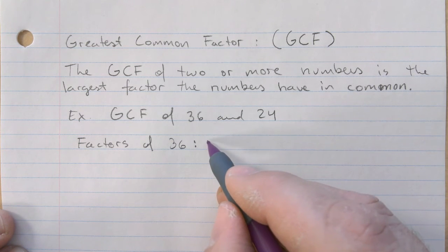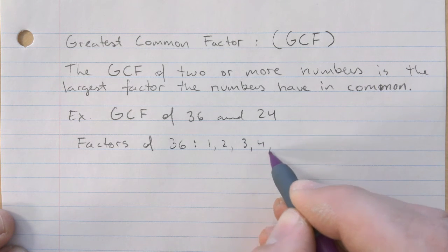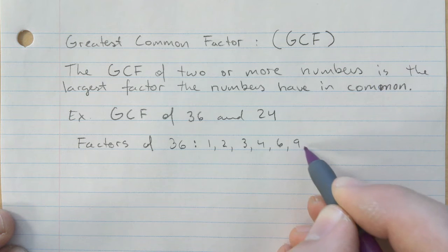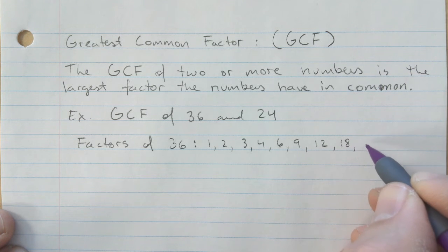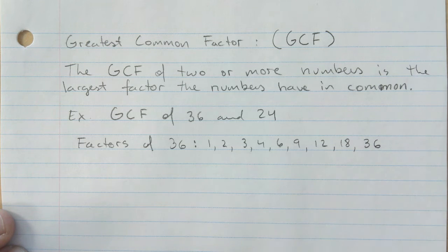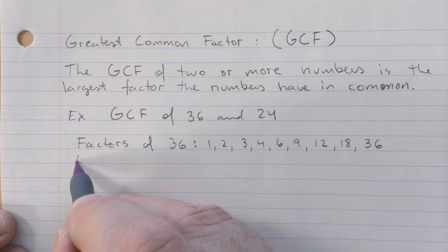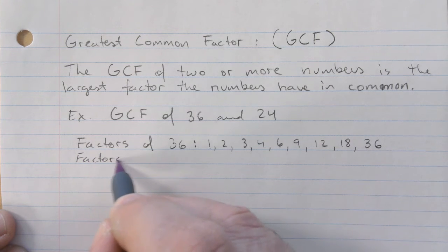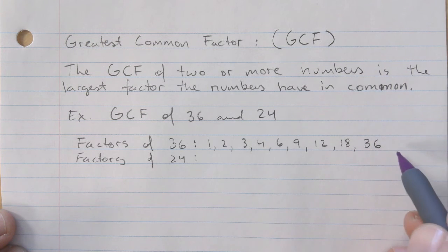This might be a little overwhelming, but 1 goes into it, 2 goes into it, 3 goes into it, 4, 6, 9, 12, 18 goes into it. And obviously don't forget about itself, right? So 1 and itself is always there. Don't forget that. Some students just don't think that that's the case, right? But it is.